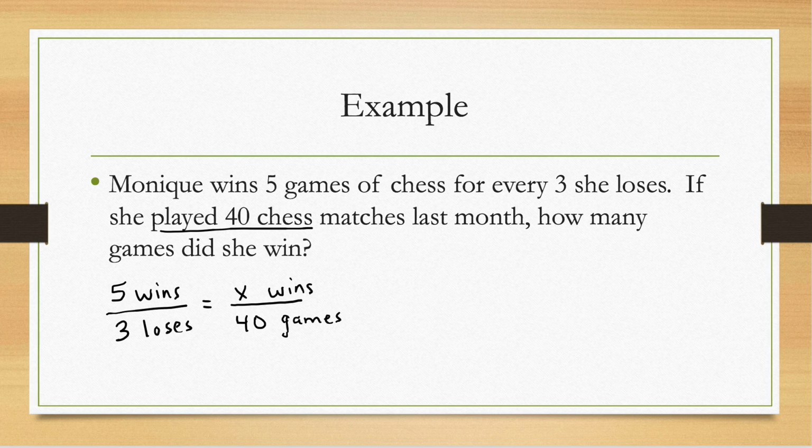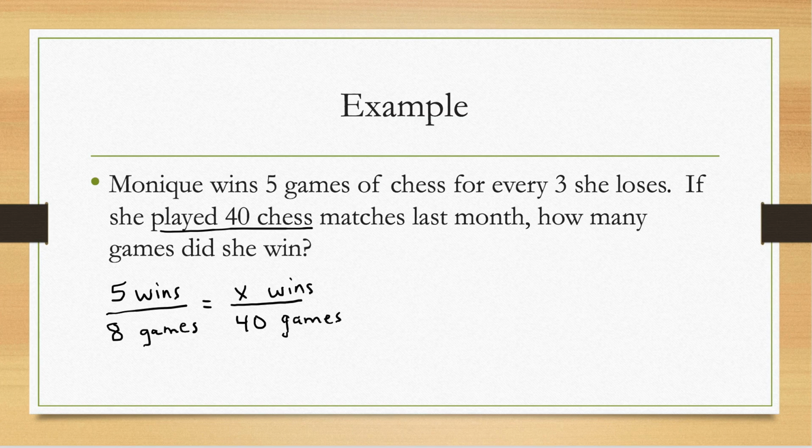What if we come back to this first ratio? Do we know how many games she plays? If she wins 5 and loses 3, how many games did she play? She's going to have played 8 games, right? There are 5 wins and 3 losses, so she played 8 games. So that's going to work a little better. Now we have the total number of games on the bottom, and we have the wins on the top.